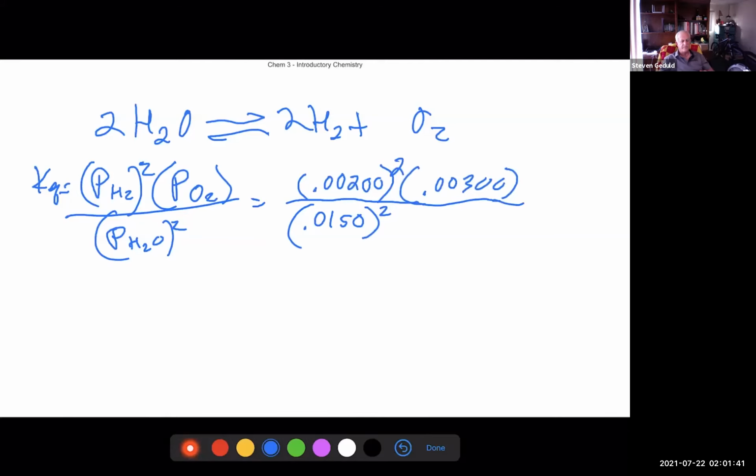Let's do the math. We have 0.00200 squared times 0.003, divided by 0.015 squared, equals 5.33 times 10 to the negative 5.